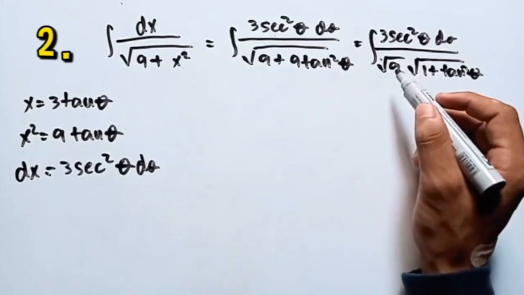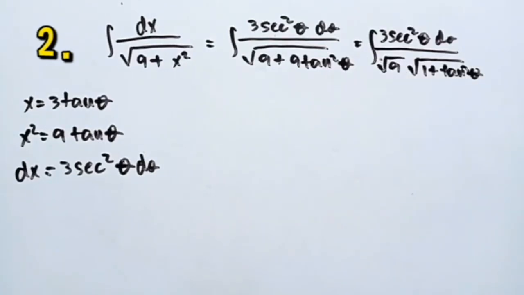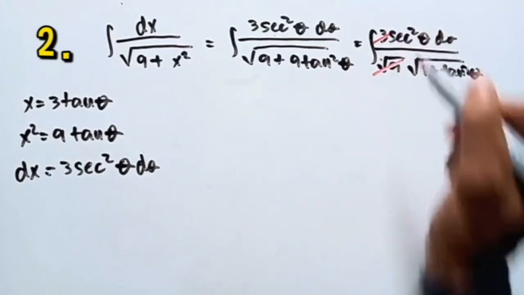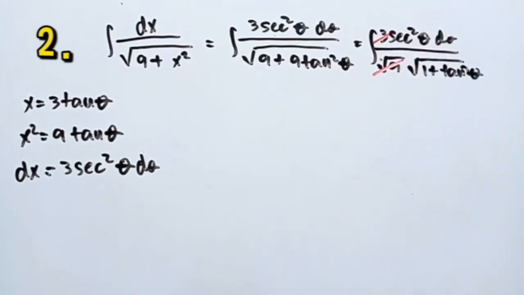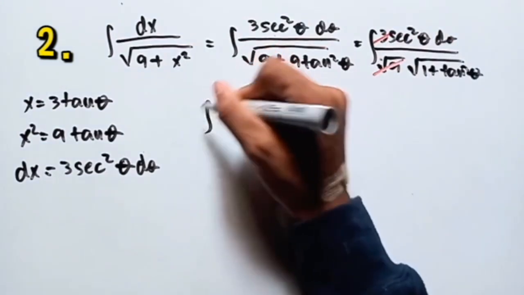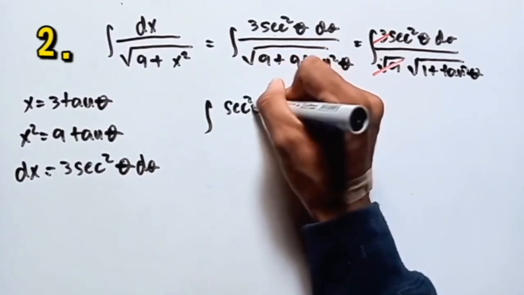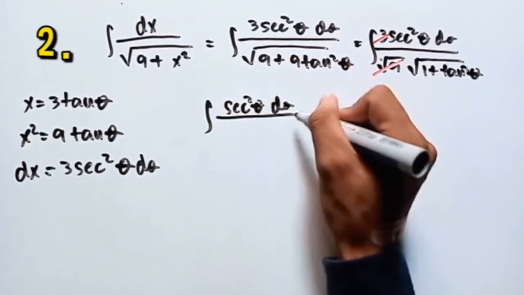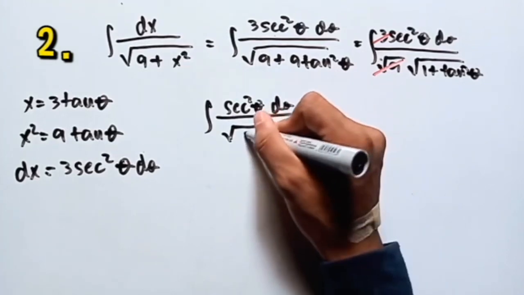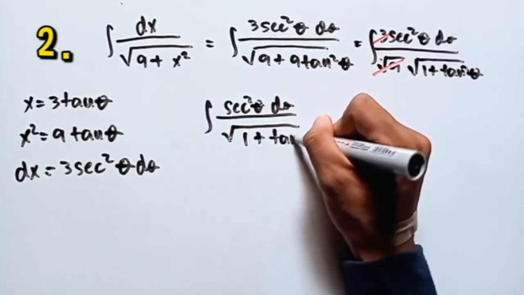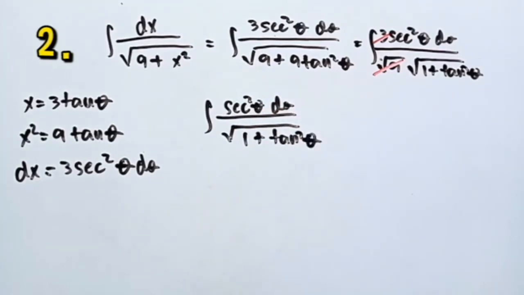And the square root of 9 is equal to 3. It means this will be cancelled, and the integral now will be equal to secant squared theta d theta over square root of 1 plus tan squared theta.